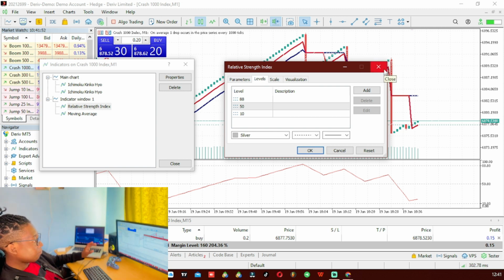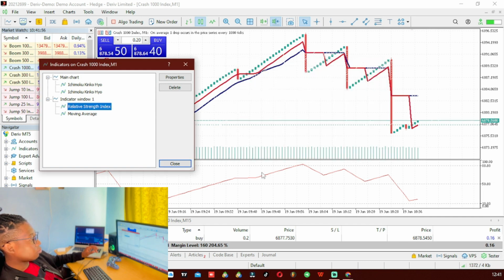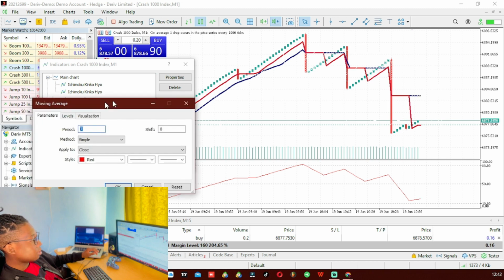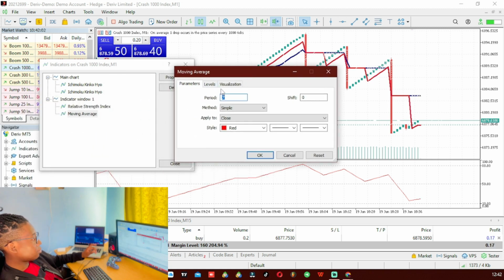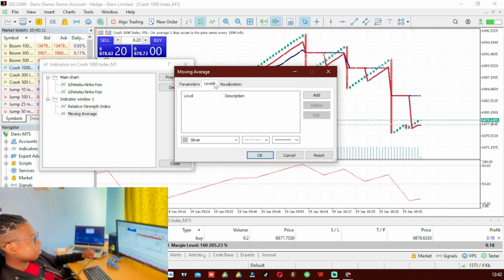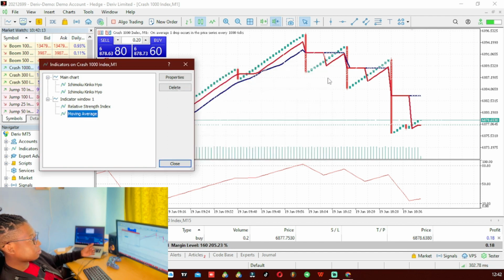In the Relative Strength Index, there's also a moving average, which is this red moving average, and these are its parameters with a period of 7. Method simple, apply to close, and no levels, then that's it.